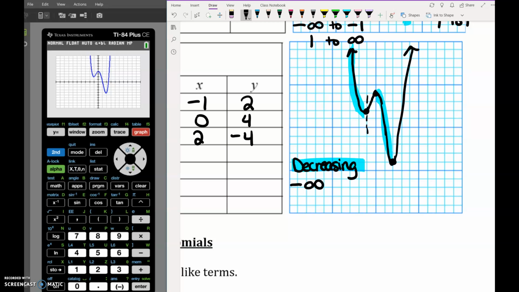What is the x value for that point? -1. So -infinity to -1. It's also decreasing from this x value, which is 0, to this x value, which is 2.